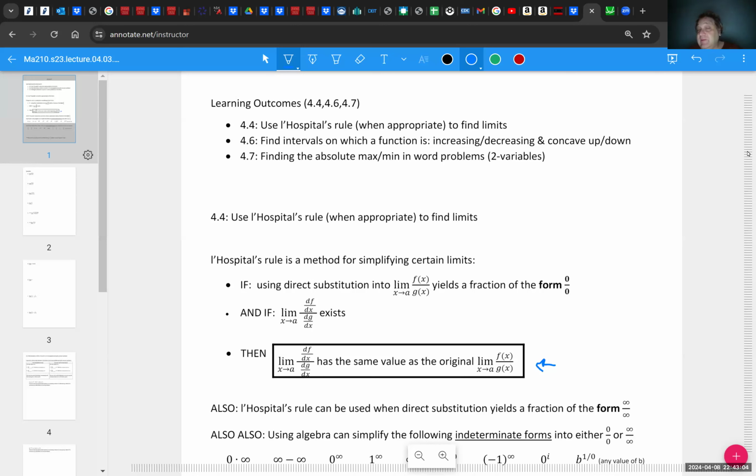It can be used to simplify functions quite a bit in order for us to find the limit using direct substitution. By the way, we know L'Hopital's rule works because we recently did local linearization, saying that if you have a function and you look at it at a very microscopic level, like super zoomed in, what you find is that the function is indistinguishable from a line.